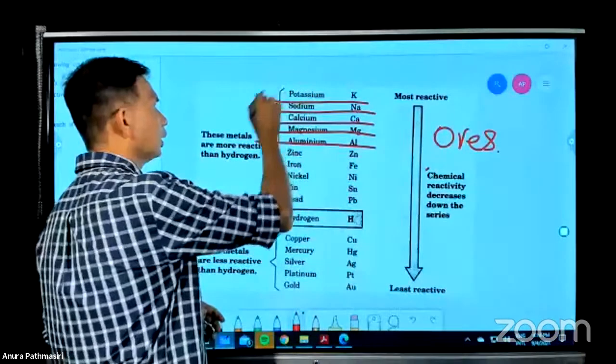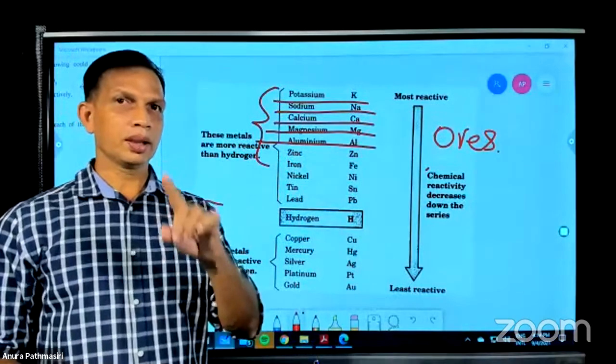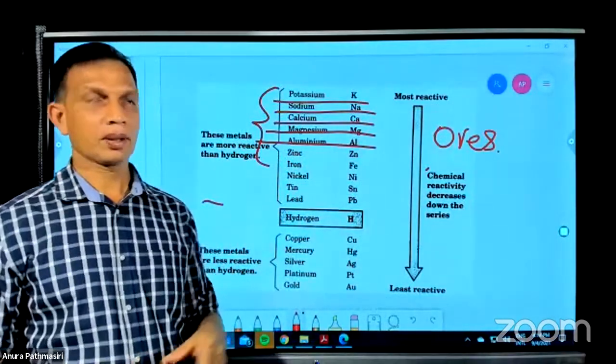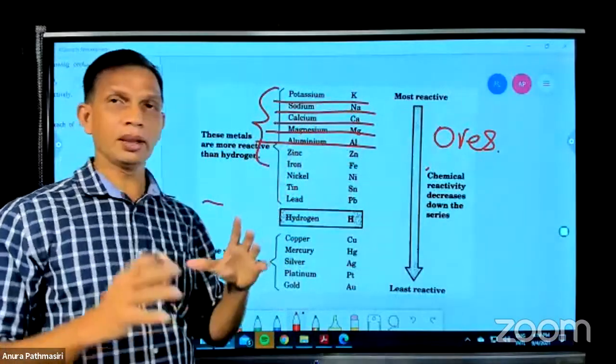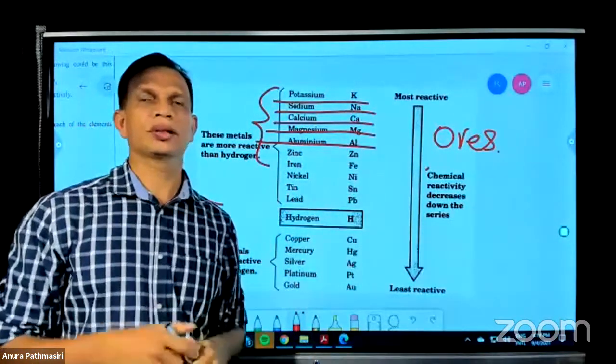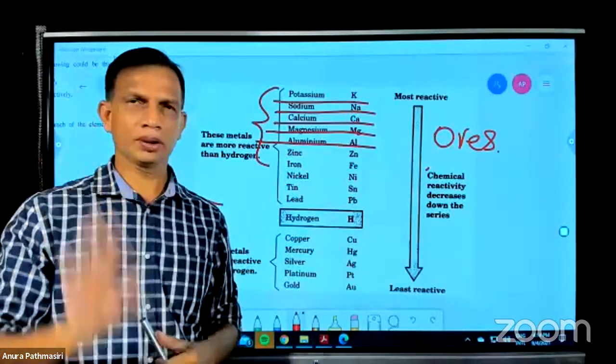And they are extracted by using electrolysis. You have to make them molten, fused, without mixing with water.